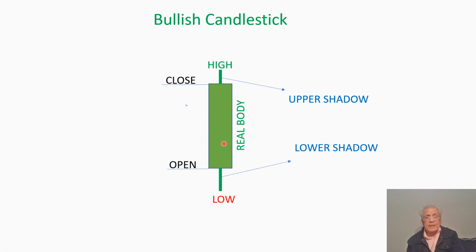Now we have a high price of 115, close price 110, open price 100, and low price 95. Now, you see there is a big bullish power in this candle. So tomorrow when the market opens, there is a big probability that the price will go higher and higher.